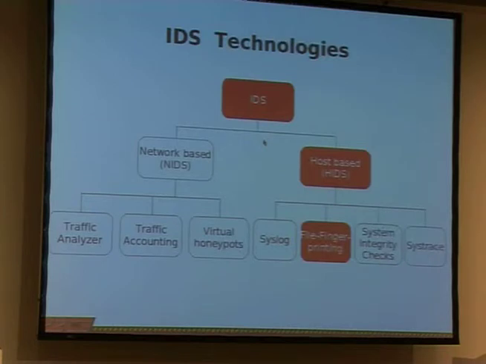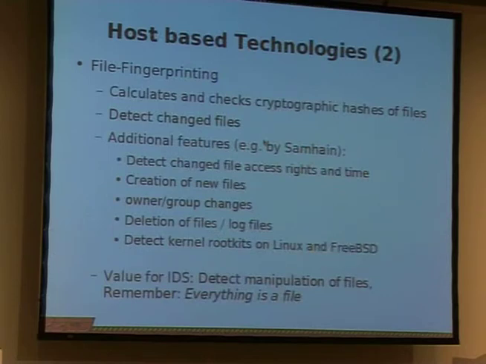The next one is file fingerprinting. The value of file fingerprinting becomes clear when you remember the Unix philosophy that everything is a file. So you have real files, links, symlinks, Unix sockets, and named pipes that could be files.